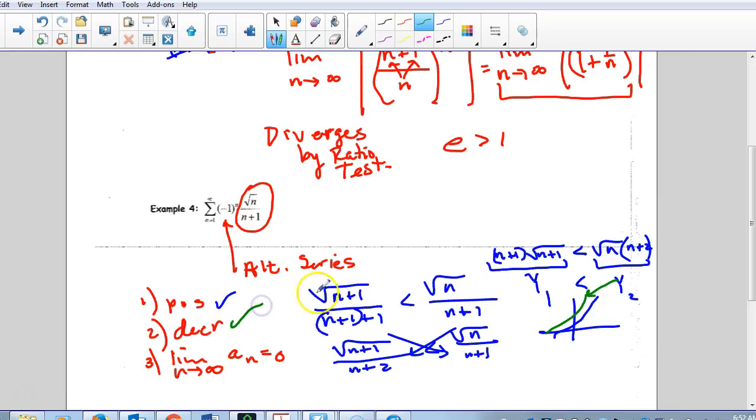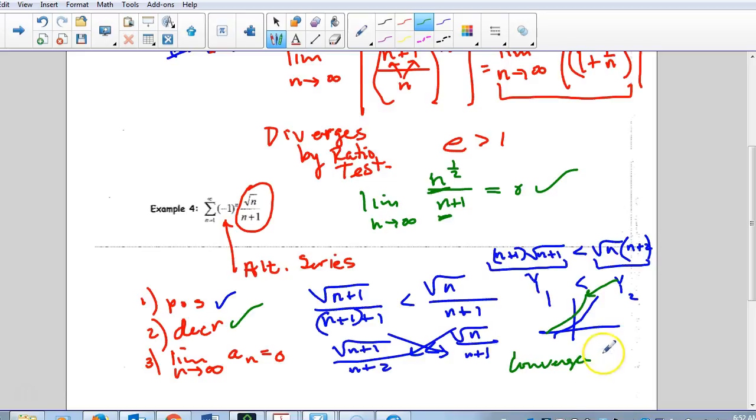That means it's decreasing. And I know the limit, so this is the limit as n goes to infinity of n to the 1/2. I'm just changing that square root over n plus 1. So n to the 1/2, notice this bottom has a larger exponent than this. That's going to 0, right? If it's bottom heavy, it goes to 0. We're good. So it's going to converge, not by the ratio test, but by the alternating series test.